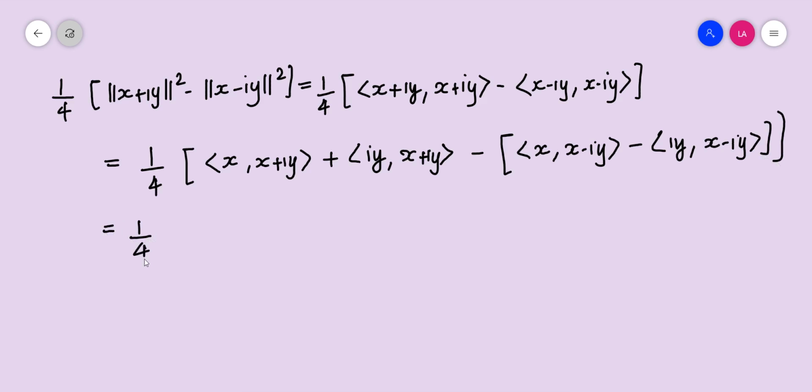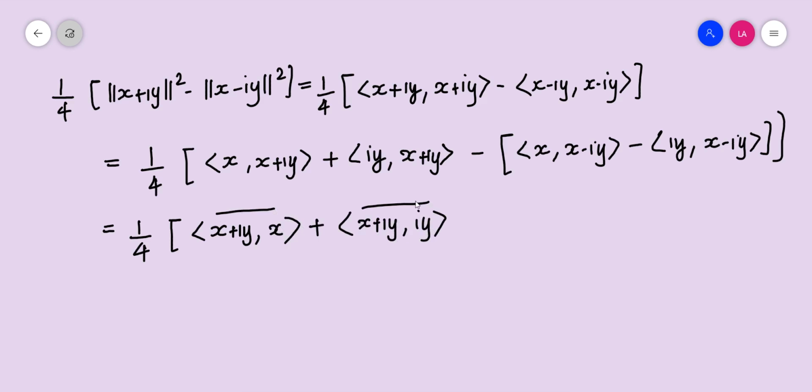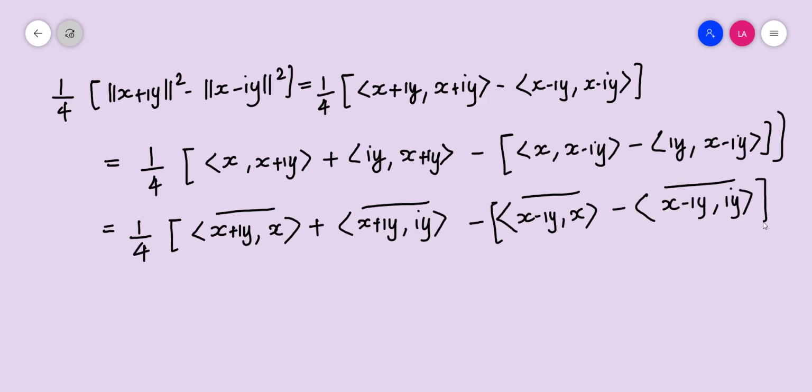So this is equal to 1 by 4 times. Now this can be written in reverse in terms of the conjugate: inner product x plus iy comma x conjugate, similarly here inner product x plus iy comma iy conjugate, minus, similarly here inner product x minus iy comma x conjugate minus inner product x minus iy comma iy conjugate.